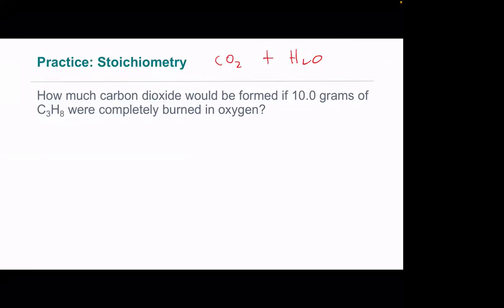So now, and we know we need to burn it in oxygen, right? We can write a reaction and say C3H8 plus O2 gives me CO2 plus H2O. Okay, so now we have to balance it.